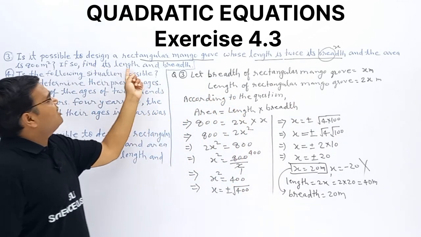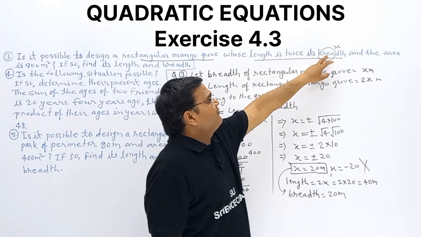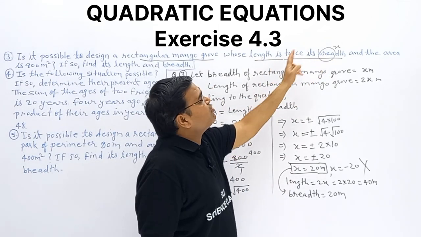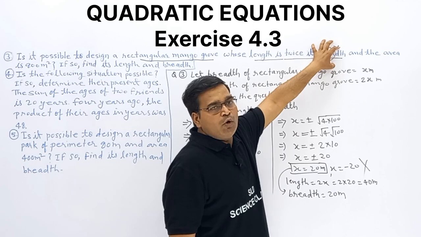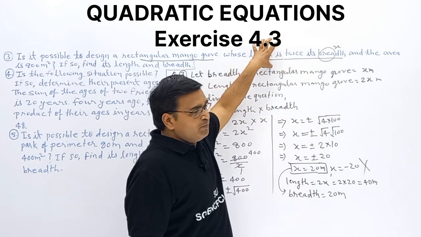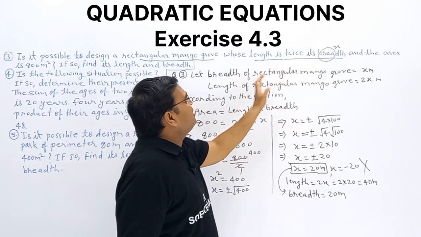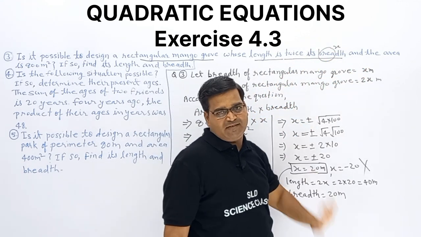Clear? Find its length and breadth. So we are assuming breadth. Why? Because length is twice of breadth. Once we know the breadth, then we can find the length. So mainly we require breadth. So we are assuming this one. Let breadth of rectangular mango grove is x meter.